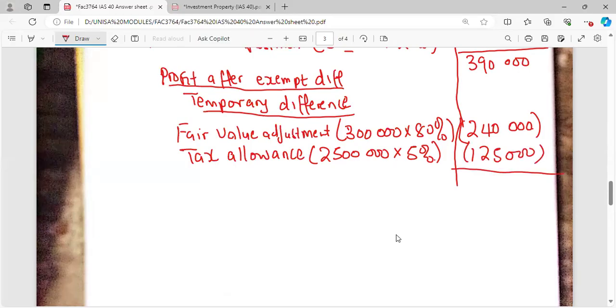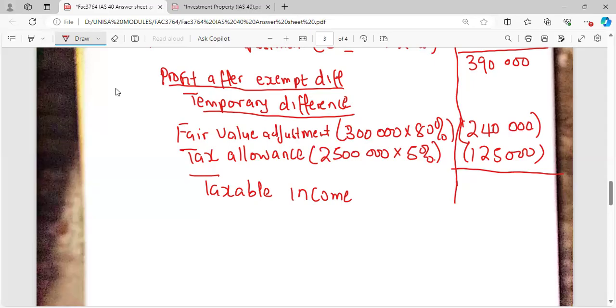Okay. Then we have our taxable income. What is going to be our taxable income now? We subtract from 390, subtract 240, minus 125.